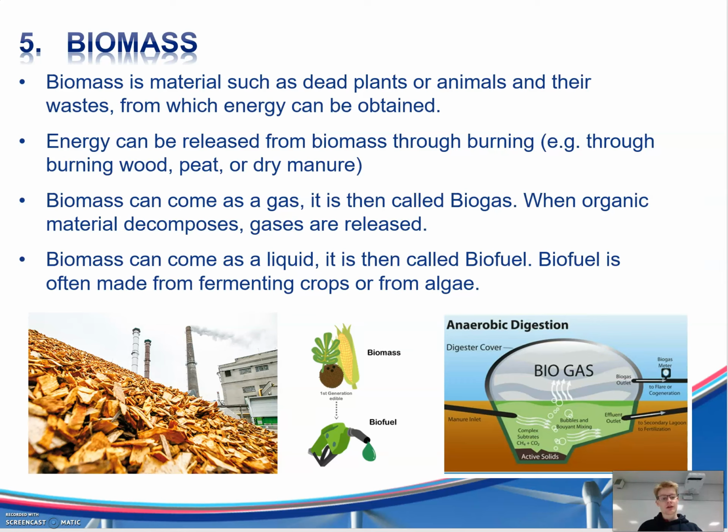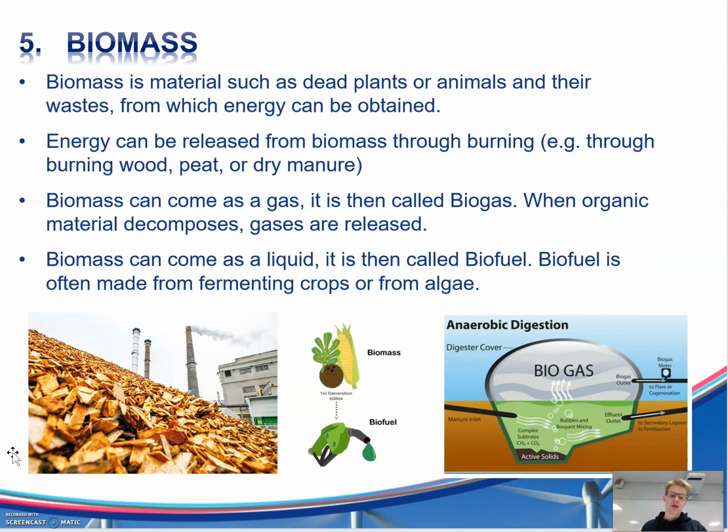And the fifth type of renewable energy is biomass. So this one you might not have heard of before. Biomass is when we take just dead plant or dead material, like plants or wood or anything, and you burn it, and you get energy from that. For example, you can burn wood, and ta-da, you're releasing energy.